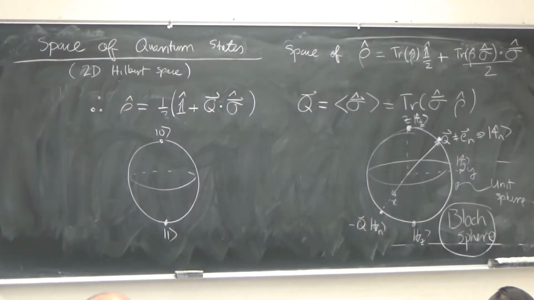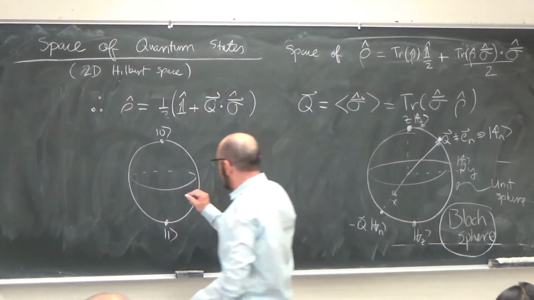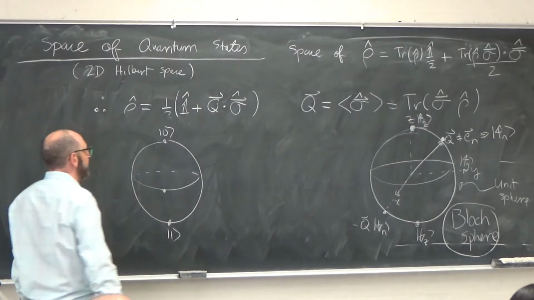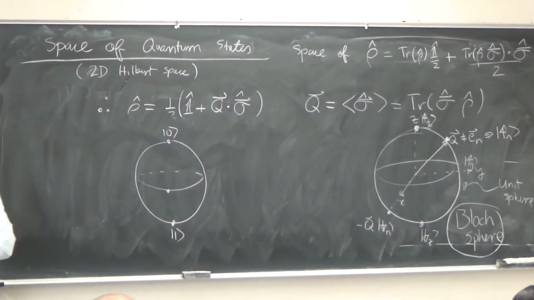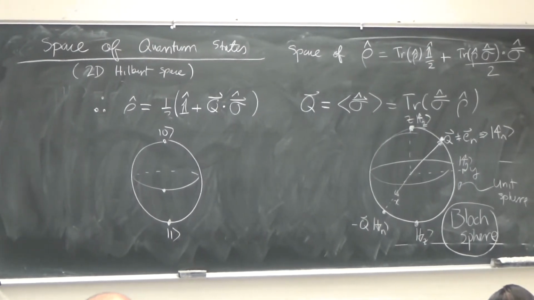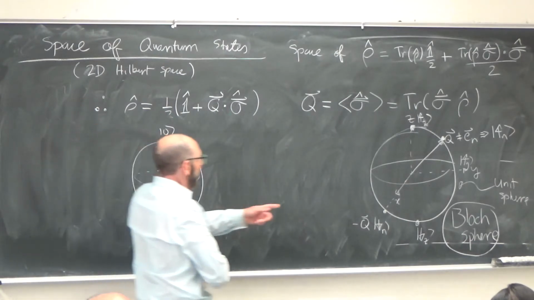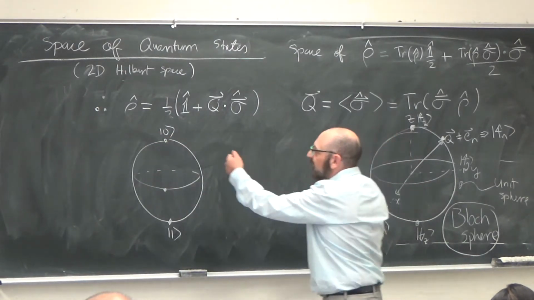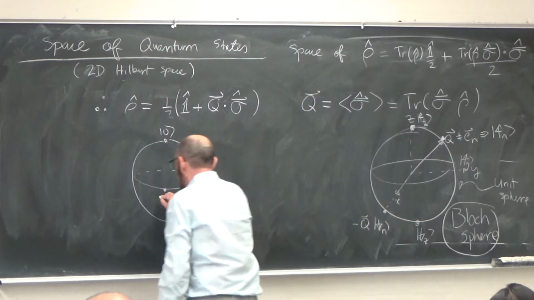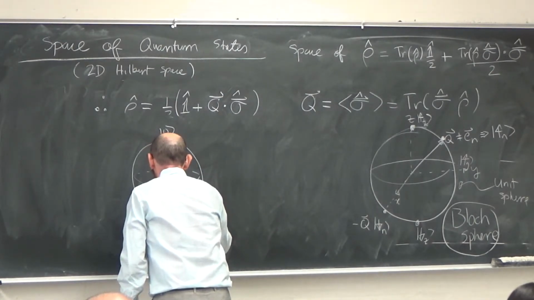So then, I ask you, what's the state that sits over here? What superposition of 0 and 1 sits right there on the Bloch sphere, which is the so-called x-axis? Yeah, it's spin up along x, which you said was the superposition 0 plus 1 over root 2.